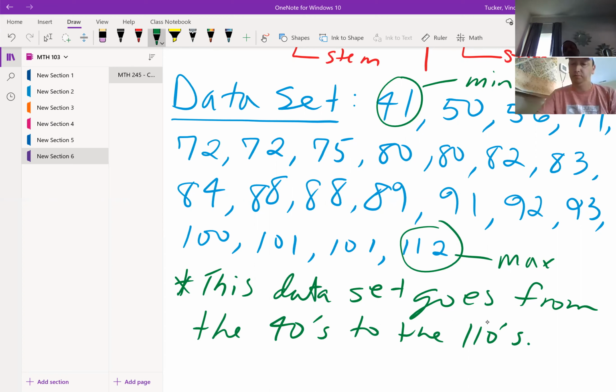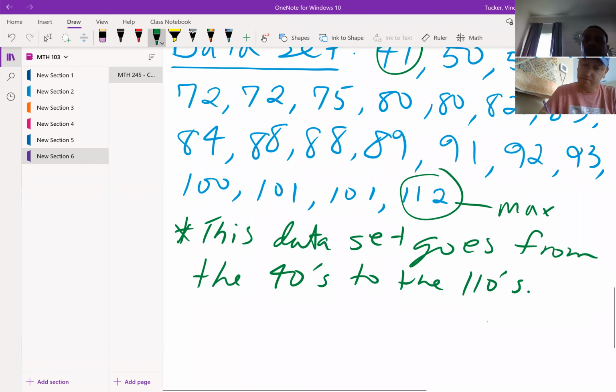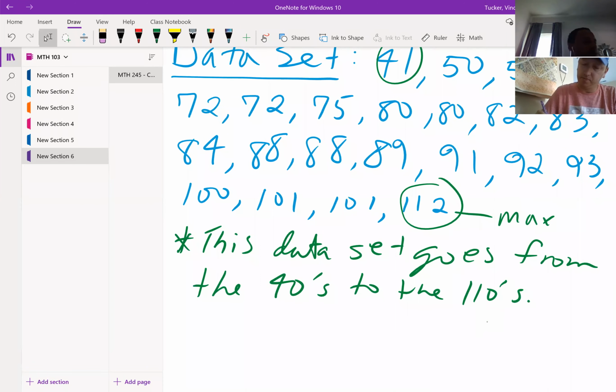So this data set goes from the 40s to the 110s. Minimum value is 41, maximum value is 112. Once again, you don't necessarily have to put your data set in order, but you do need to establish your minimum and your maximum so you know how to set up your stem leaf plot. So we're going to start with the 40s and we're going to stop at the 110s.